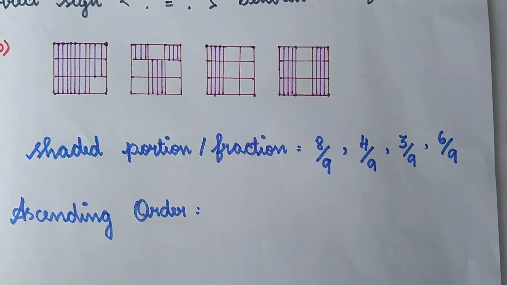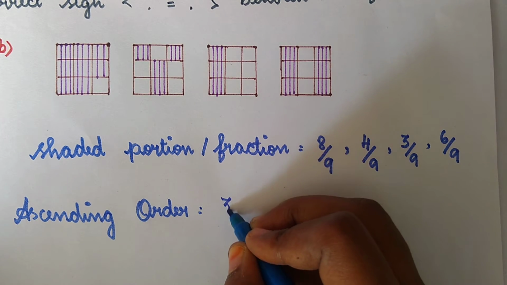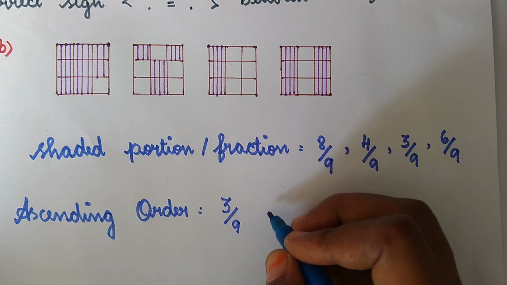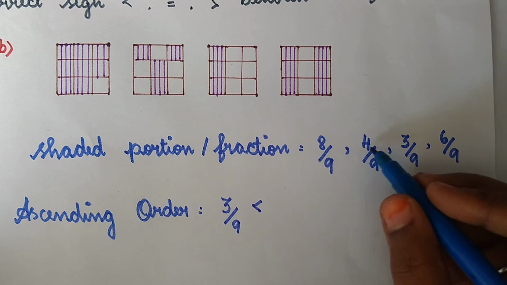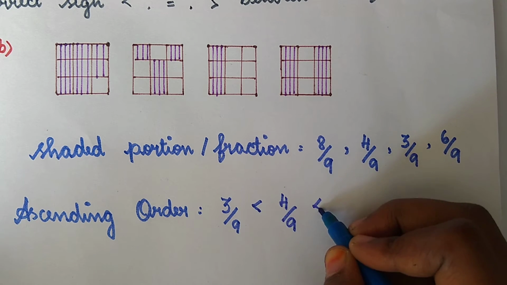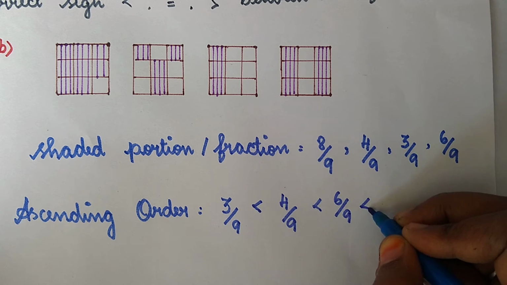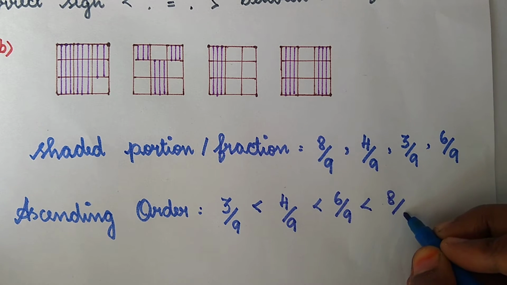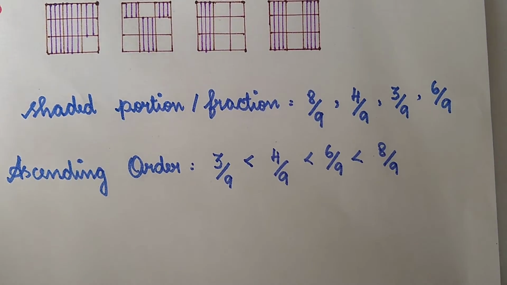So we have to arrange them in ascending order. Here 3 is the smallest number, so we write 3 by 9 at the initial point. It is less than the next one, 4 by 9, then 6 by 9, which is less than 8 by 9. This is the ascending order.